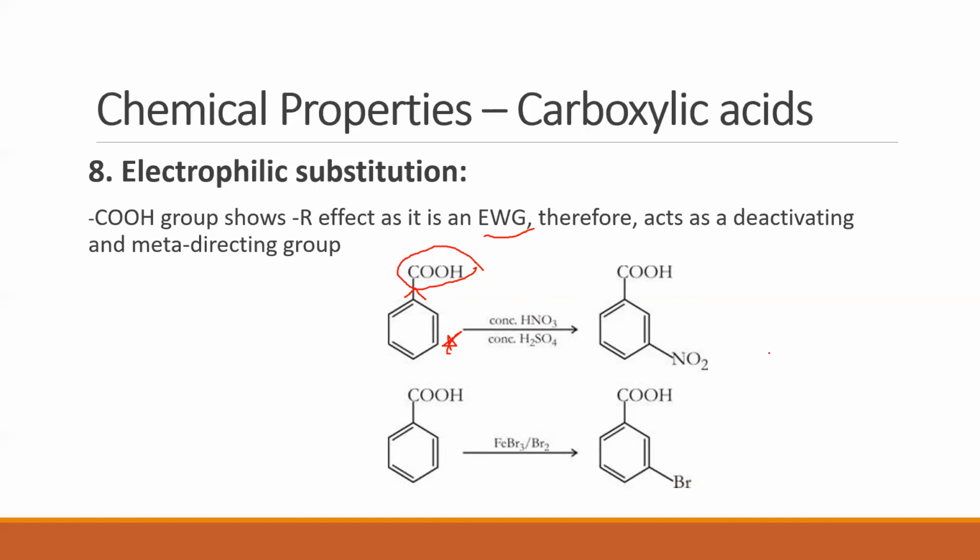The first one is nitration. The second one is bromination. So you get the nitro group substituted at the meta position and the halogen substituted at the meta position. Clear? So this reaction is electrophilic substitution.